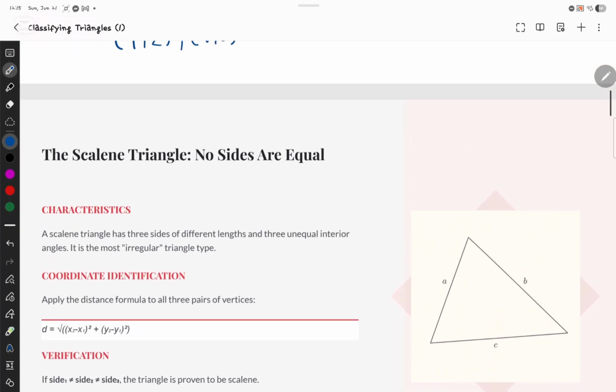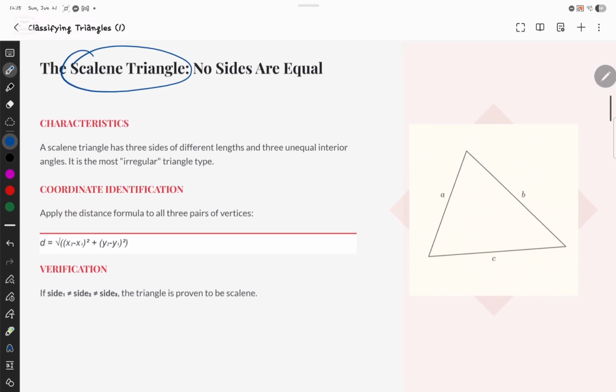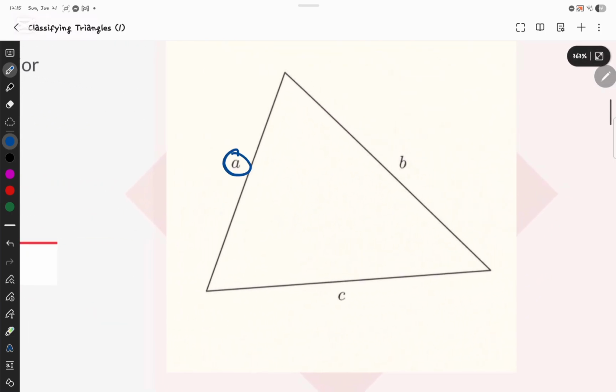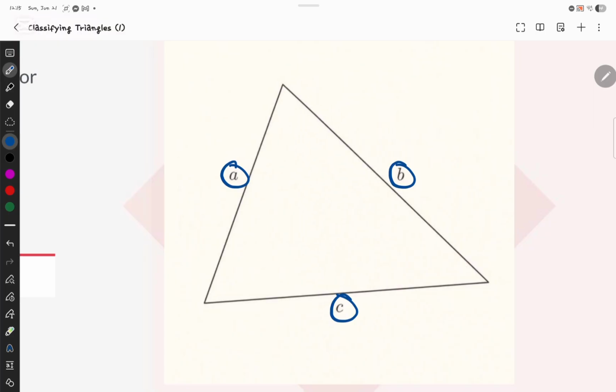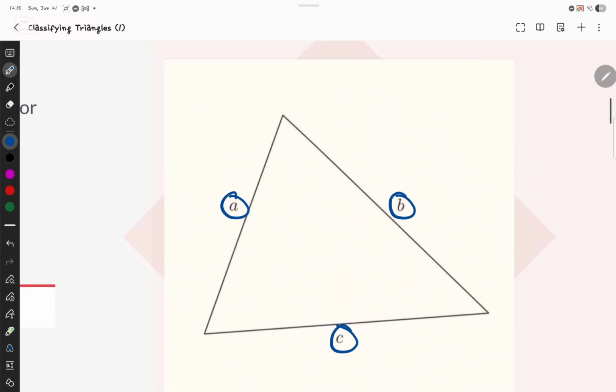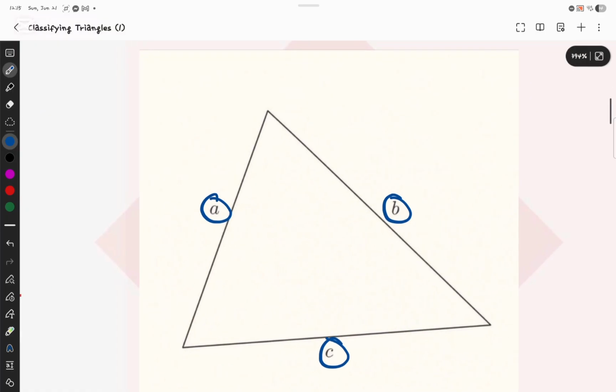First of all, we'll be covering the scalene triangle. A scalene triangle is when all three sides have different lengths, and you calculate it using the length formula. This diagram does not have any specific coordinates to calculate, but let's just write down some labeling.